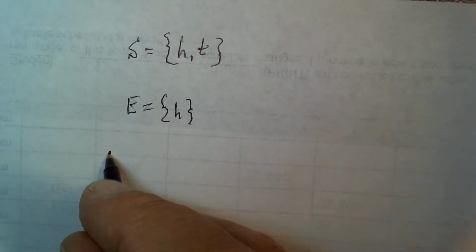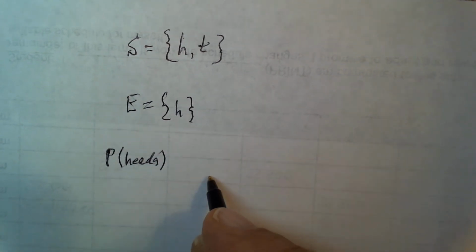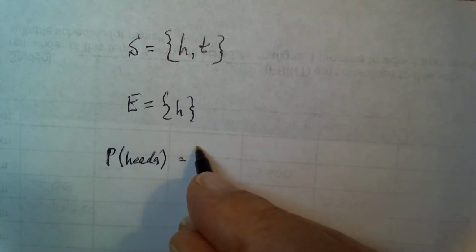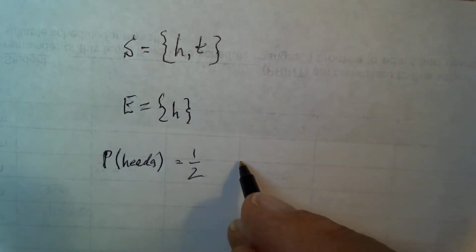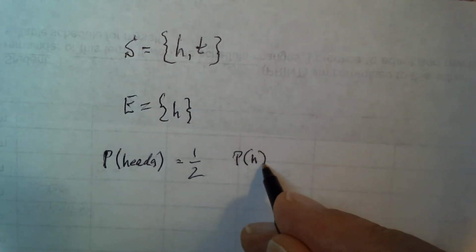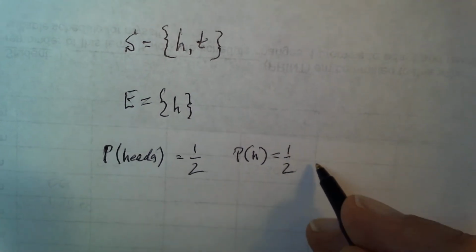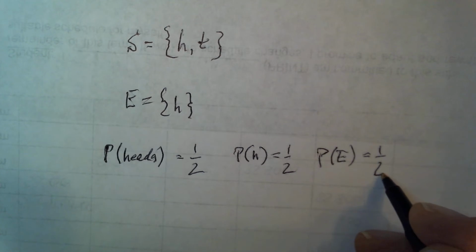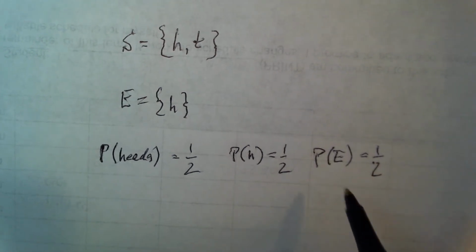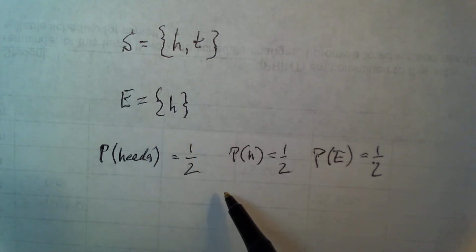Then we say the probability of heads is equal to 1/2, because half the time a head will show, half the time a tail will show. We could also write P of H equals 1/2, or we could also say P of E, the probability of the event of heads, is equal to 1/2. Okay, so that's an example of a sample space. That's the example of an event, and this is an example of a probability of an event.